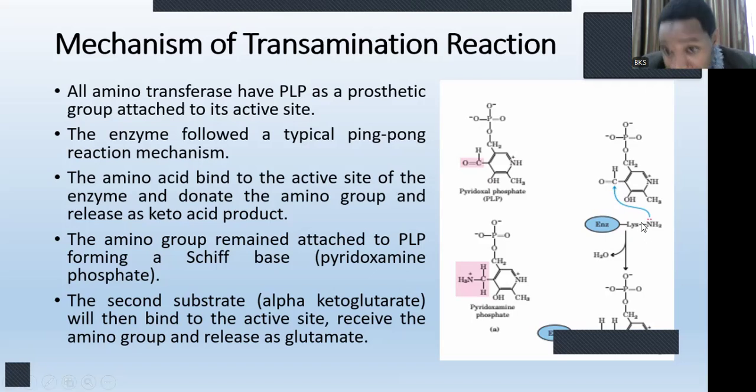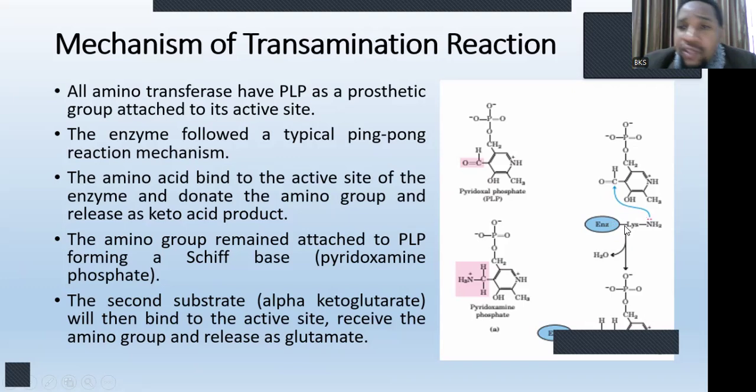I will explain why this is drawn like this. That will end up breaking the bond so that the amino group is attached to the pyridoxal phosphate to form what we call pyridoxamine phosphate. So you will have the amino acid that comes in with the amino group removed.